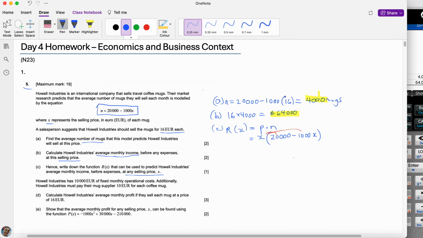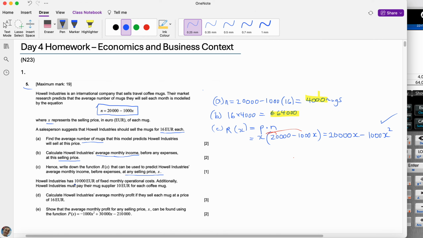At some point you will have to. And so here you would have your expression for how much you're bringing in, your revenue: 20,000 X minus 1,000 X squared. Okay, great. Not too bad.